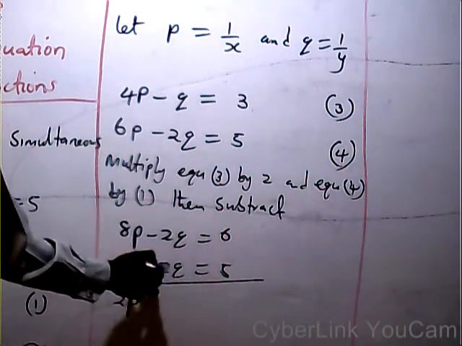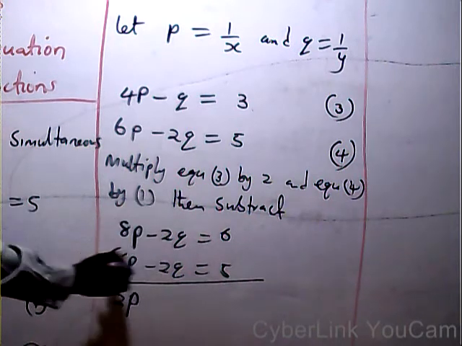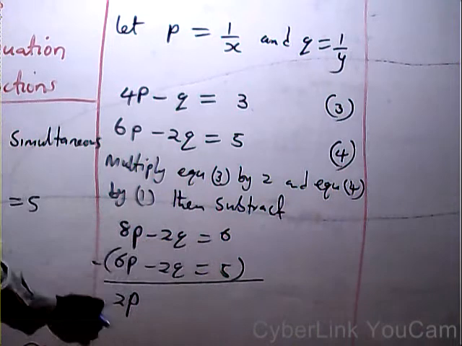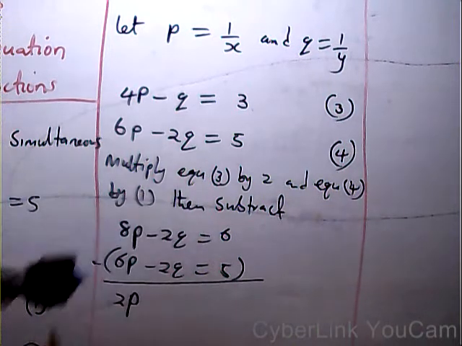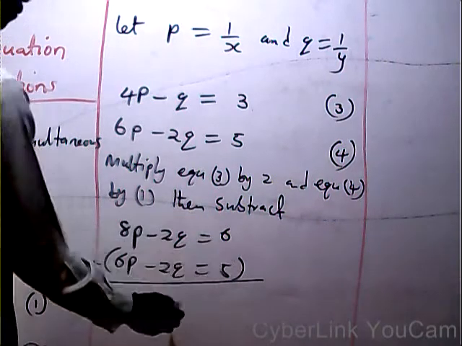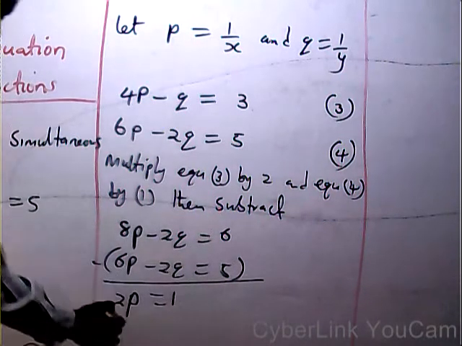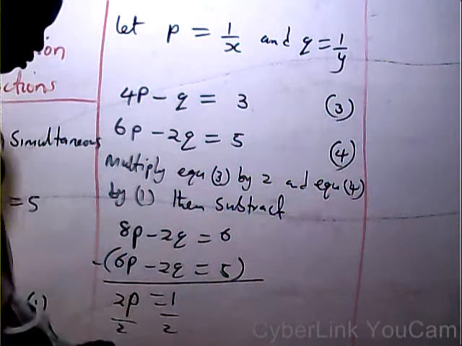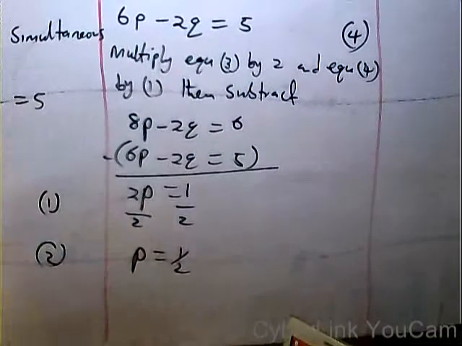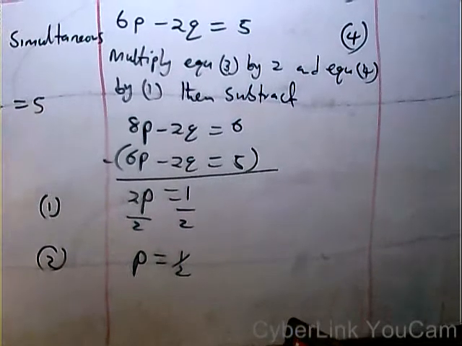This minus this, that is minus 2q minus 2q, and that means minus 2q plus 2q, which will be 0. And that's equal to 6 minus 5, which is 1. So I can divide both sides by 2. That means my p is equal to 1 over 2.